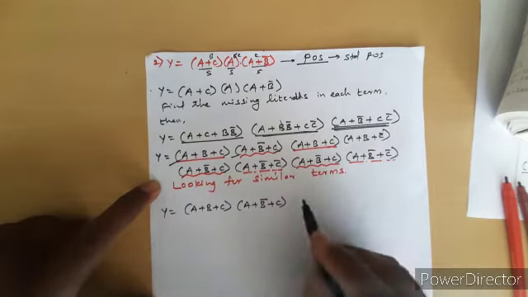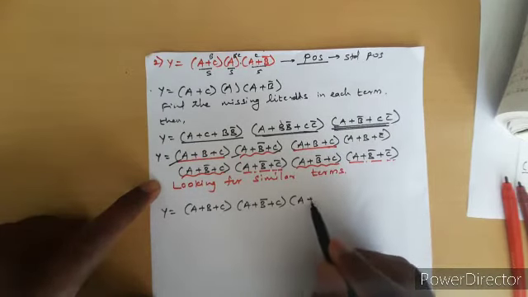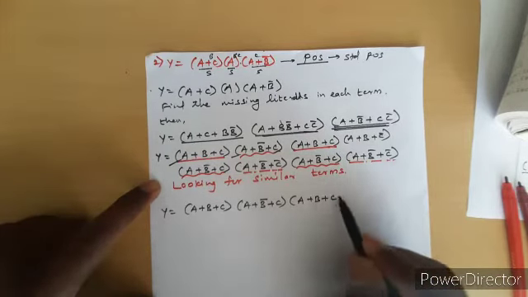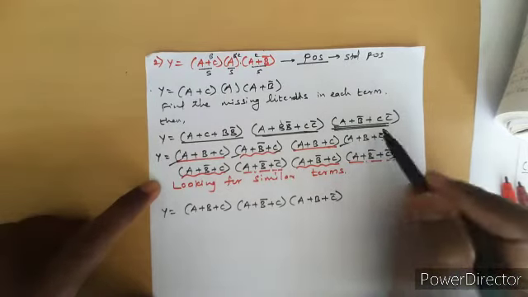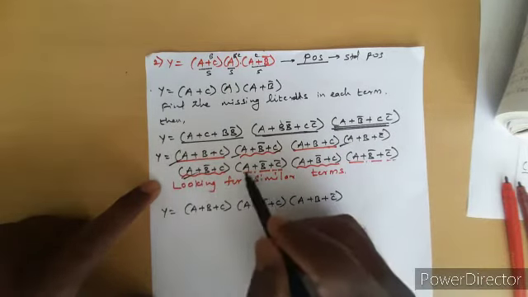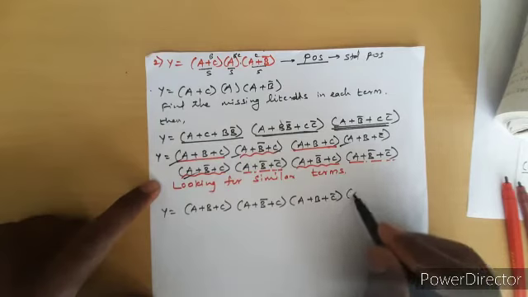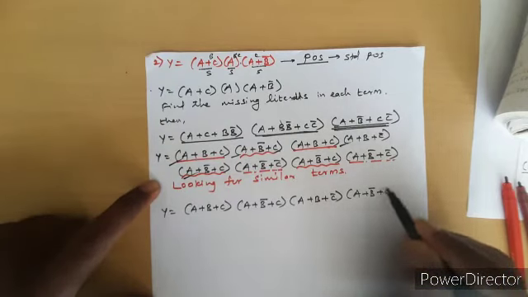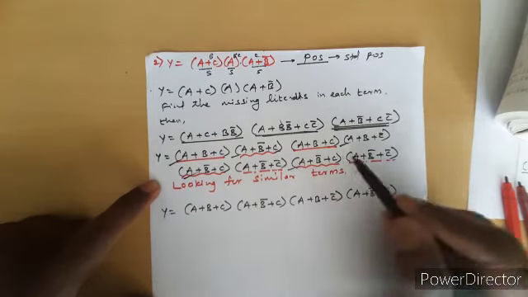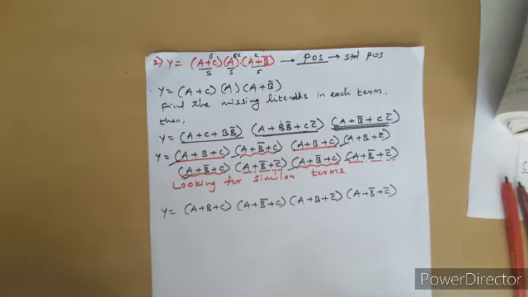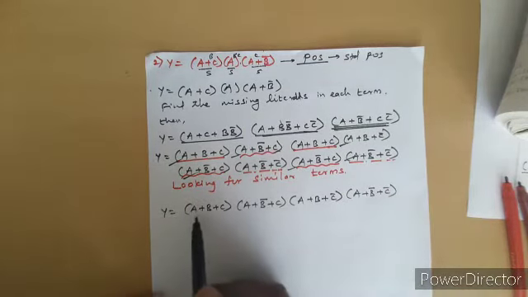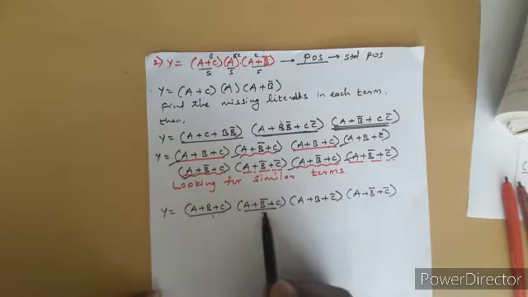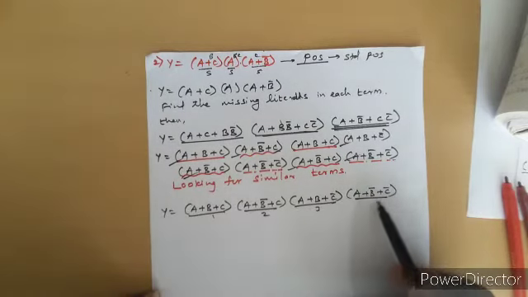Then a plus b plus c bar, this I have taken. Then a plus b bar plus c bar, this I have taken. So how many terms do we get at the end? 1, 2, 3, 4.